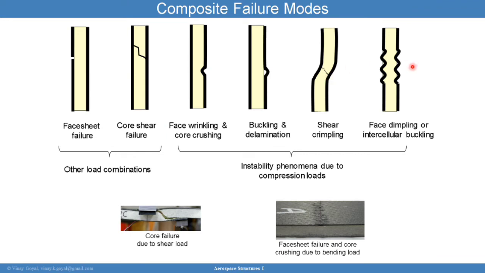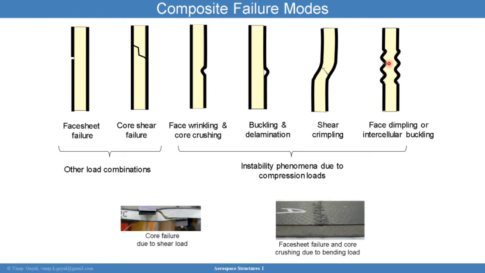You also have face sheet dimpling and intercellular buckling. In these scenarios, you have honeycomb core, so the cells of the honeycomb core and the face sheet that goes on top of it: the areas that are not supported by the core beneath, that face sheet will buckle because it doesn't have enough support.